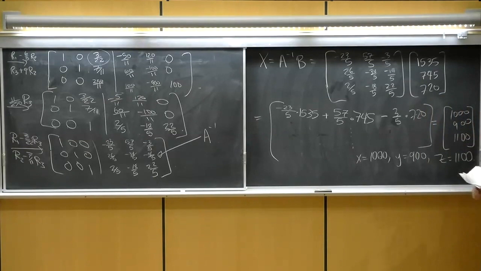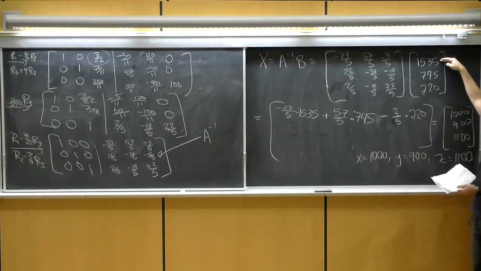And hopefully if you plug those values back into the three original equations, for the first equation you get that it equals 1535. The second one equals this, and the third, you would get that all the equations are satisfied.